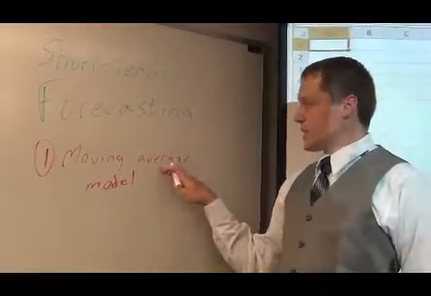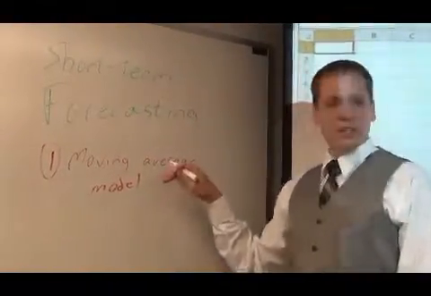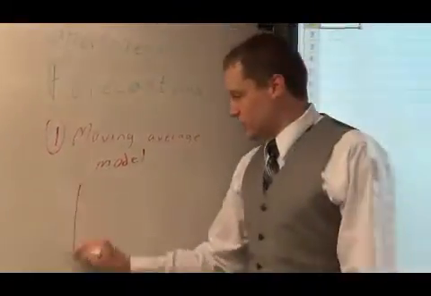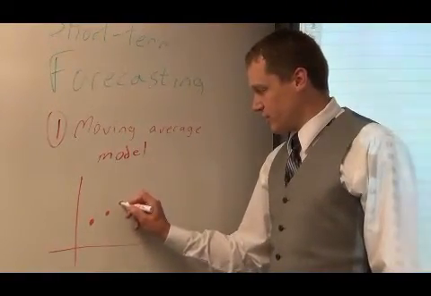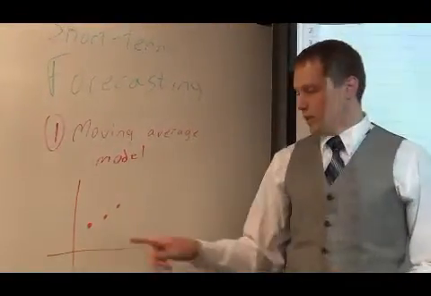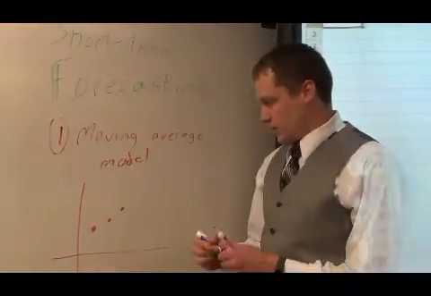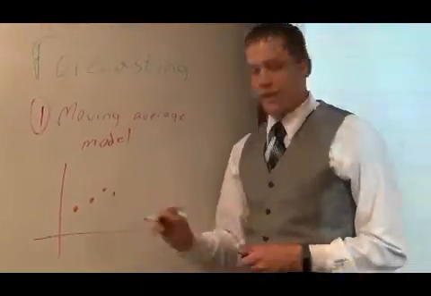You're just going to take an average, and as you find more data, you'll add that onto the average, and so in that way, the average kind of moves along. So for instance, if I had data values here, here, and here, I would take the average of those 3 values, say something along there, and predict that as the future value.